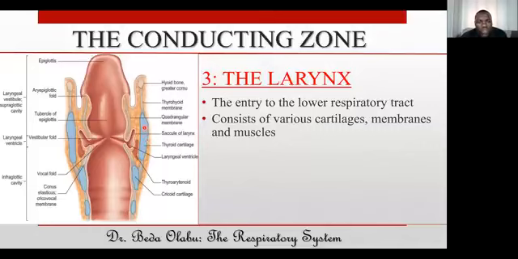Okay, so I've mentioned the thyroid cartilage. I've mentioned the cricoid cartilage. The third cartilage I want to mention is the epiglottic cartilage. Epiglottis is something that controls the opening of the airways when you're swallowing. Basically, it closes the laryngeal inlet when you're swallowing, so that food does not go into the airway, but goes to the esophagus.